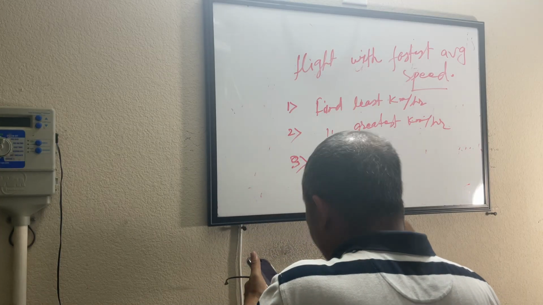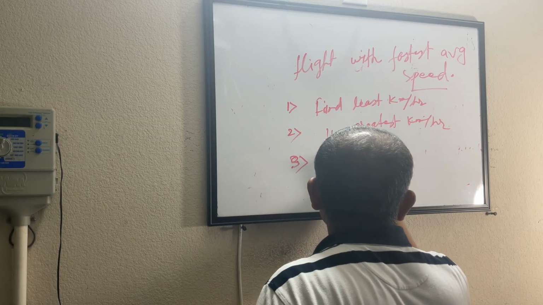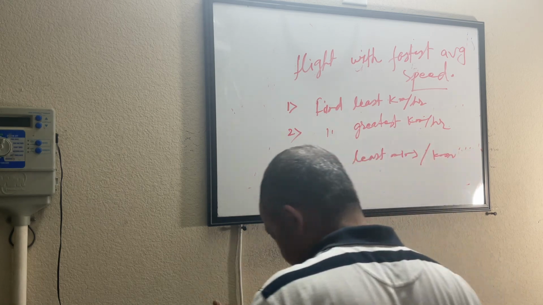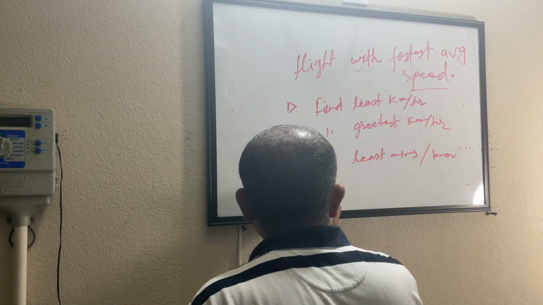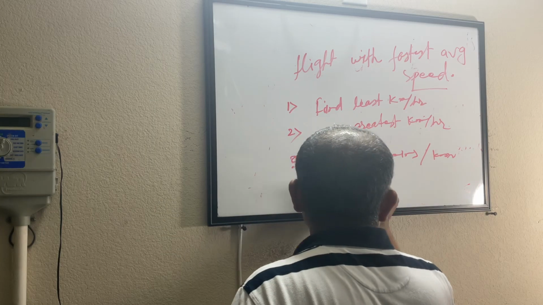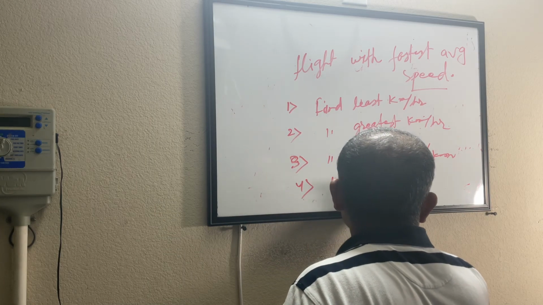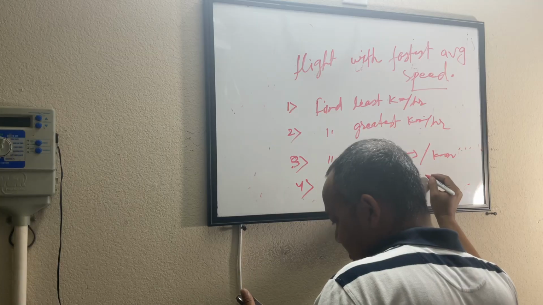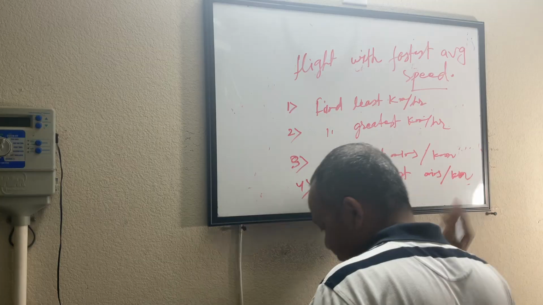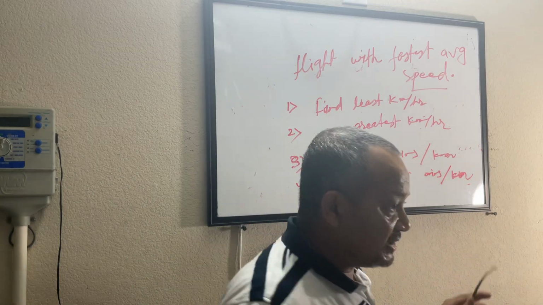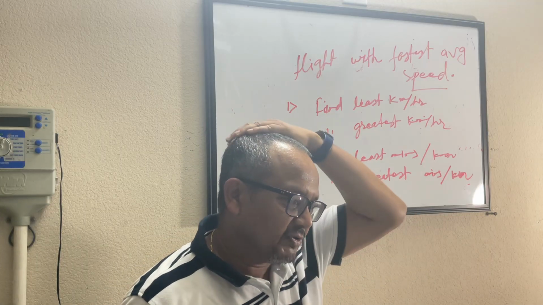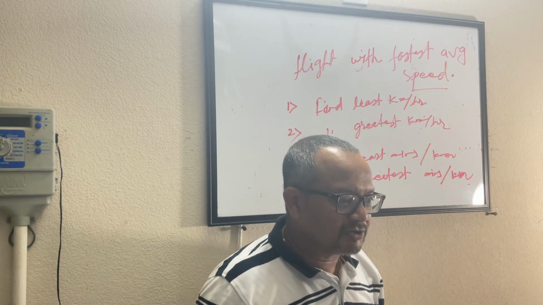Third, find the least minutes per kilometer. And option 4 is find the greatest minutes per kilometer. So there is no math involved, it's only common sense, which I don't have much. I will rely on you guys to solve it.